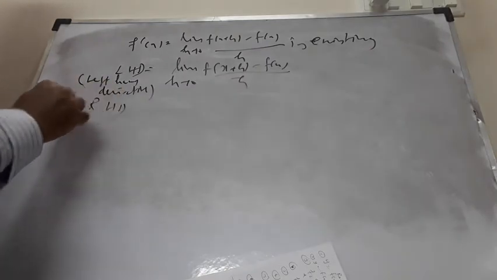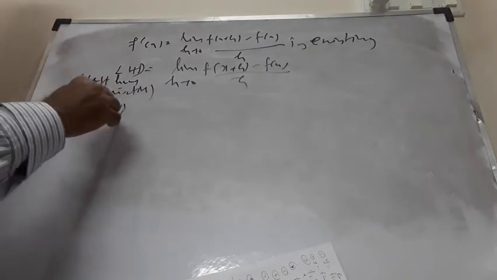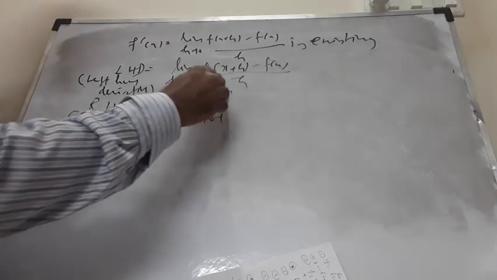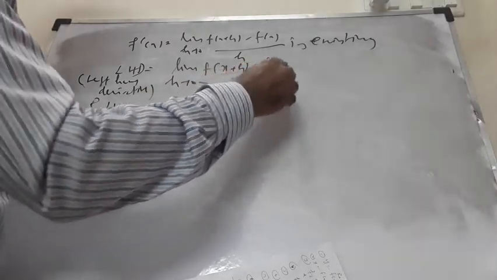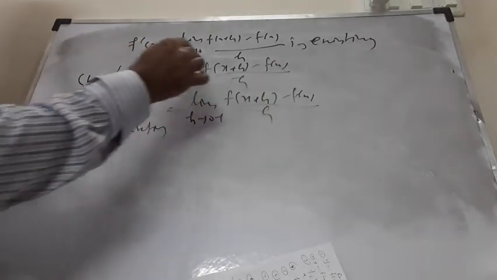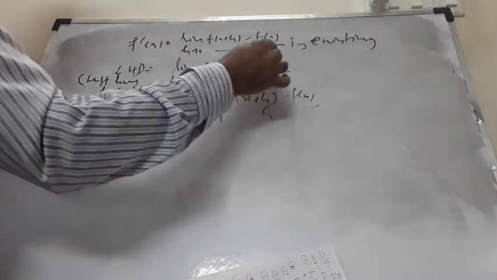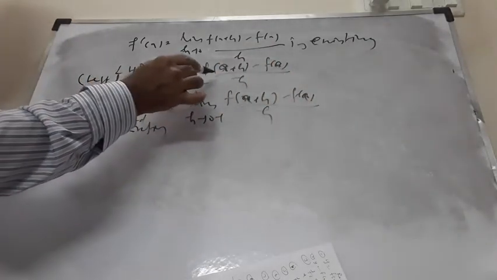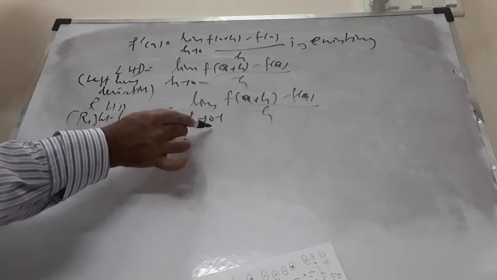Right hand derivative is equal to limit h tends to 0 plus of f of x plus h minus f of x whole by h. Or at a particular point a, this is left hand derivative at x equal to a, and this is right hand derivative at x equal to a.